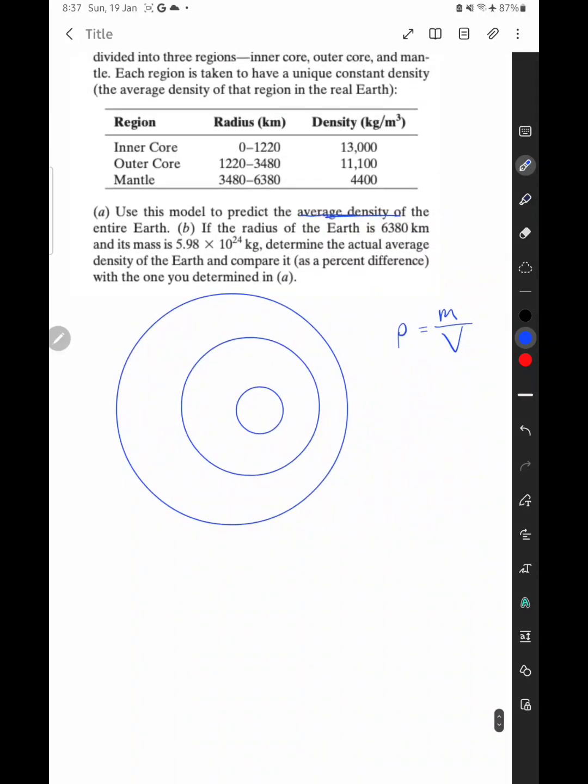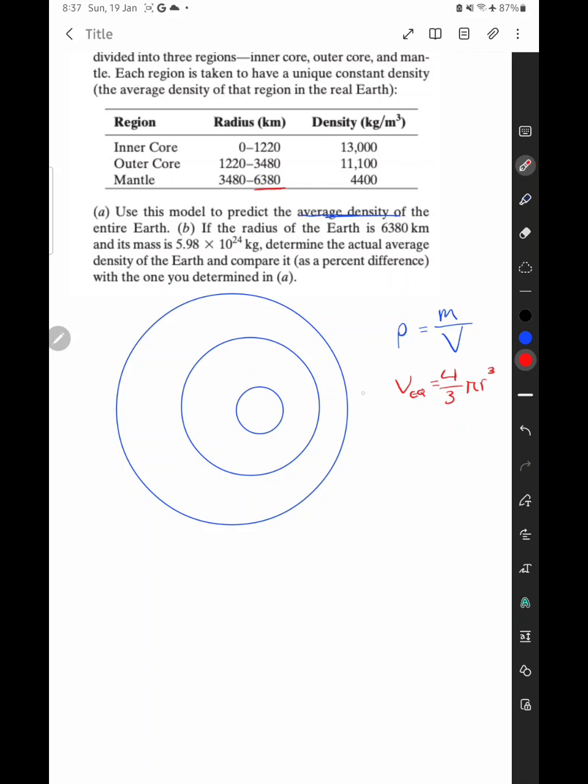So first of all, let's find this V here. Okay? This V is the total volume, which I'll call VEQ. So that's the total volume of the Earth. And the volume of a sphere is given by 4/3 pi r cubed. And in this case, the r is this r, right?